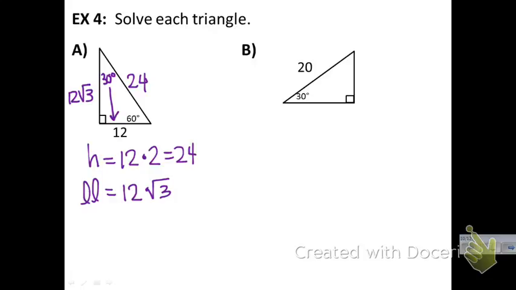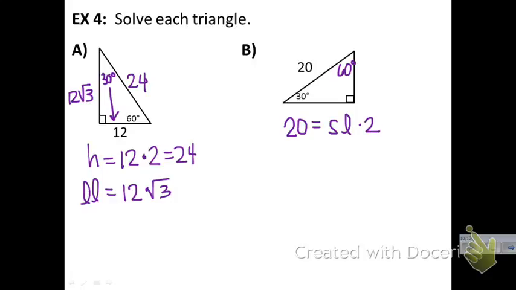Okay, we go to B. Again, we have a 30-degree angle, so that tells us that this one is 60. And that's enough to tell us we have a 30, 60, 90 triangle. We need to identify the piece given. We have the hypotenuse, it's opposite the right angle. So the hypotenuse is equal to the short leg times 2.